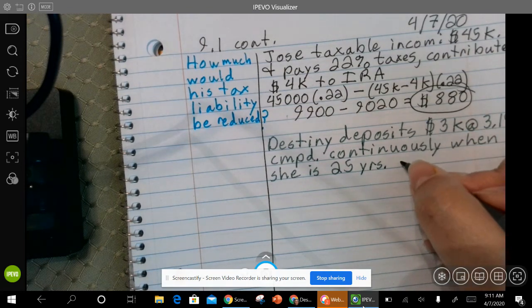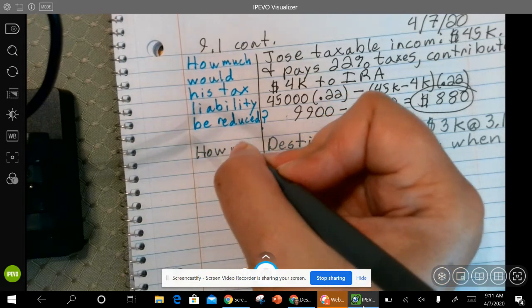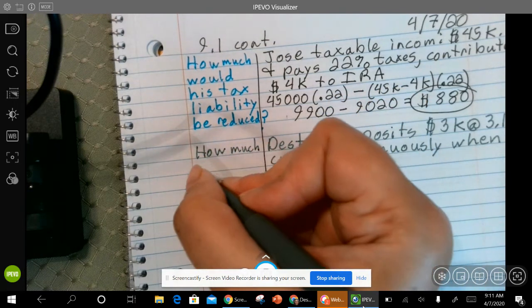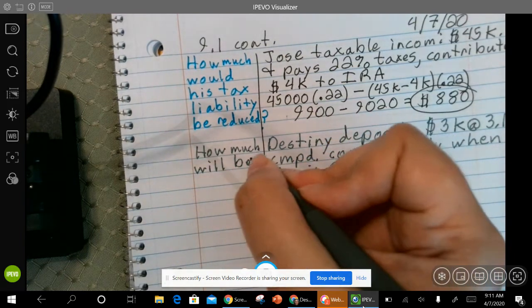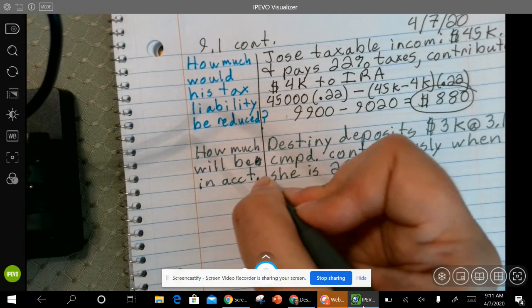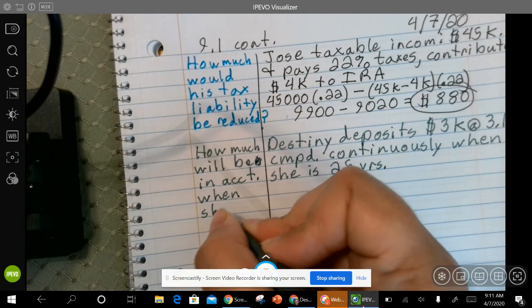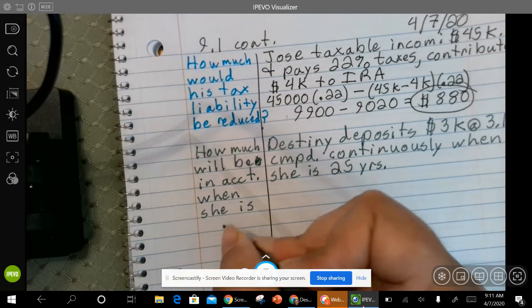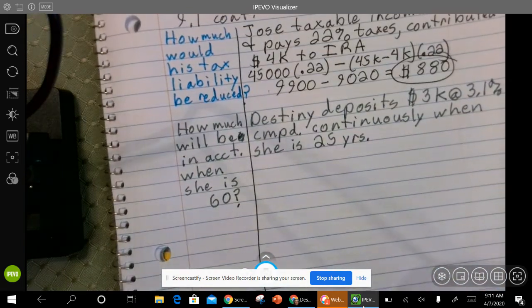We want to know how much will be in the account when she is 60. So when Destiny is 60 years old, how much money would she have?